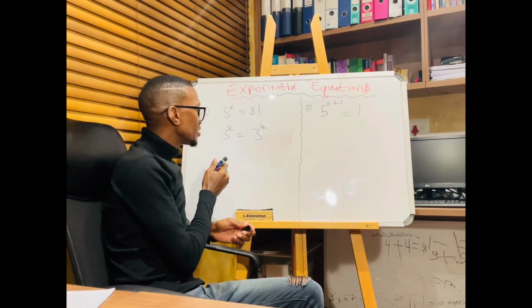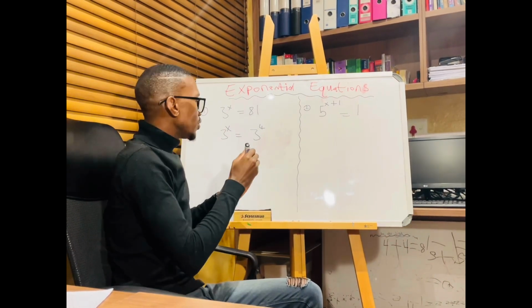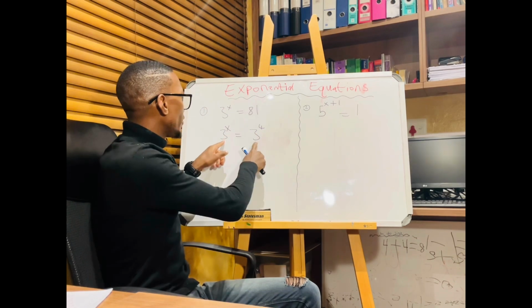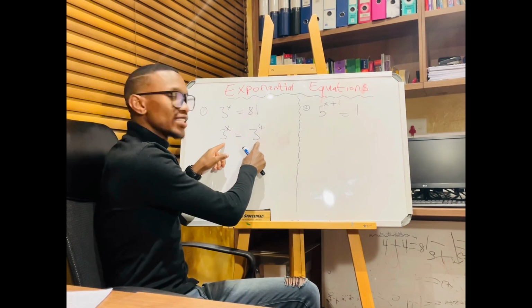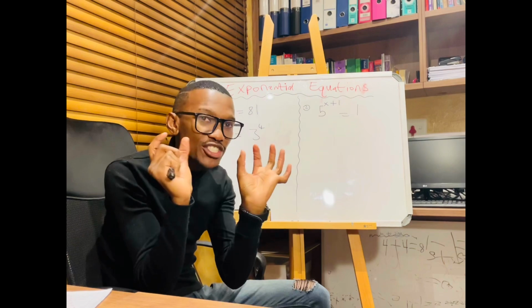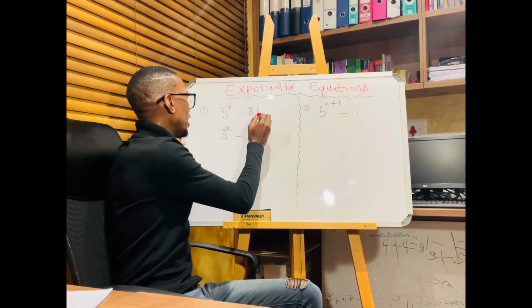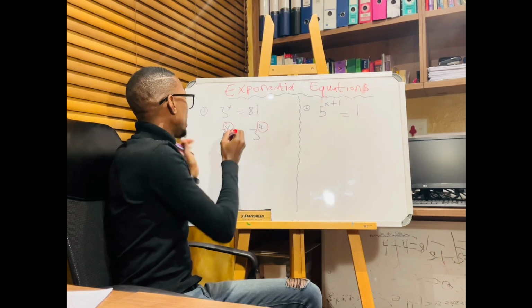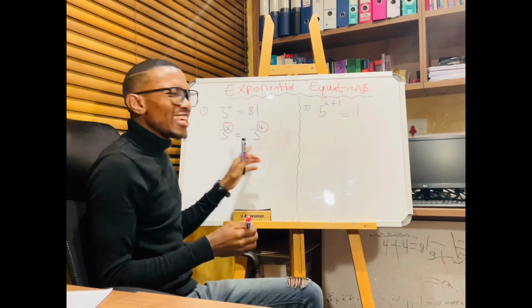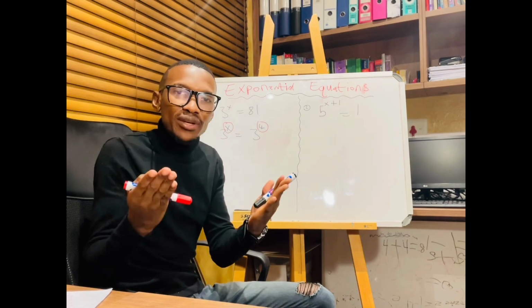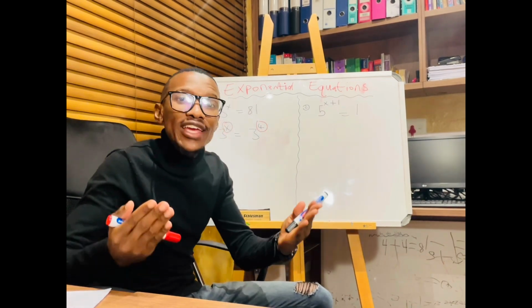Now pay attention to this. When you have exponents of the same base, the exponent 4 and the exponent x have the same bases. When exponents have the same bases, we equate the exponents.